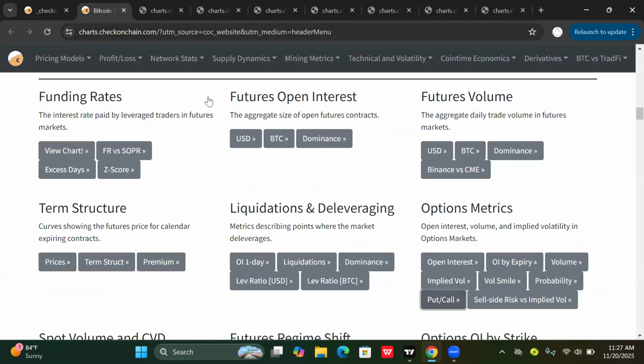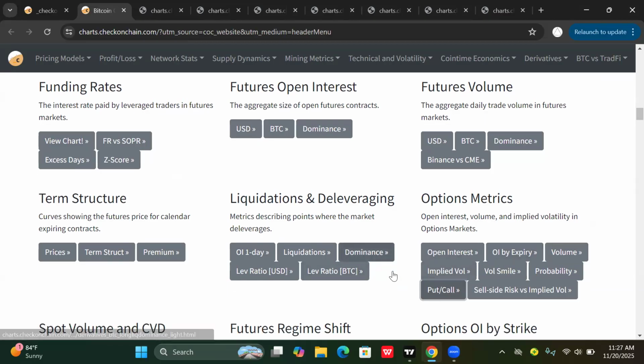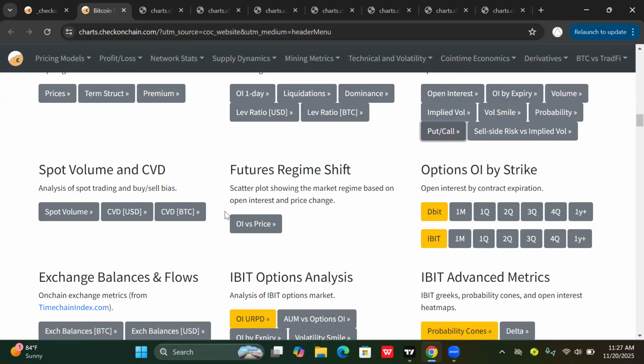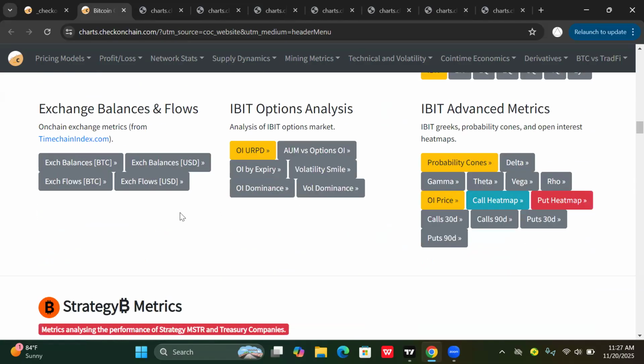So we'll look at options by expiry, open interest, implied volatility. I want to start bringing you guys in, even if it confuses some of you who don't really know what that is.